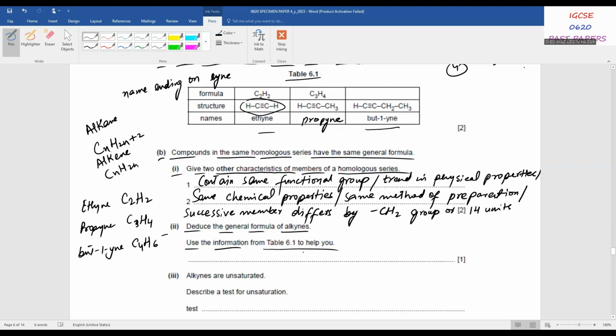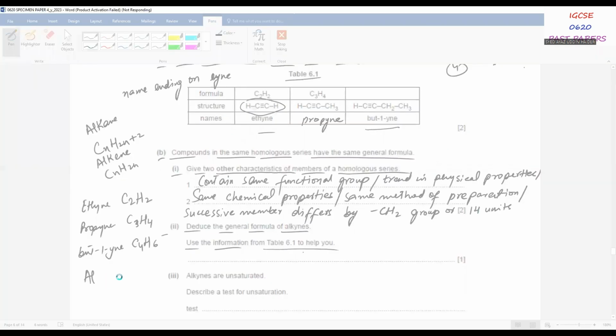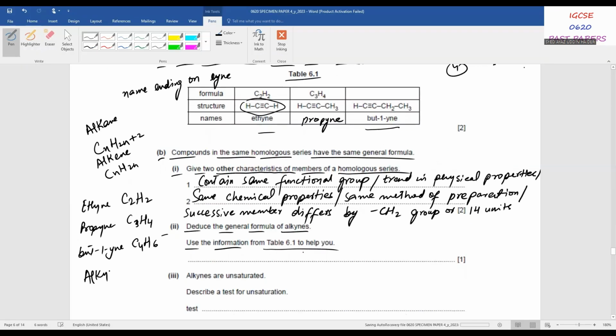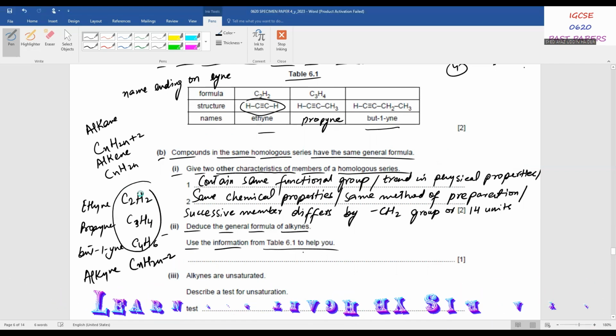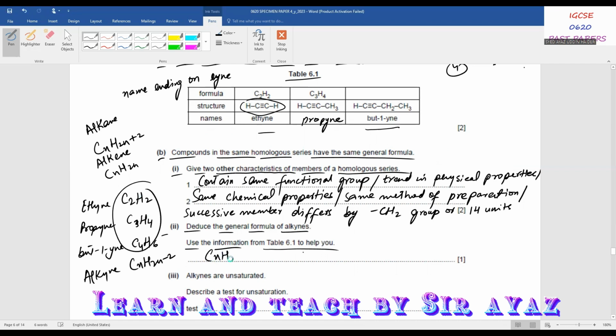You see they are decreasing with each molecule, a decrease of two hydrogen atoms. So for alkyne, it must be CnH2n-2. You can apply it and you'll get these formulas. So you'll write CnH2n-2.